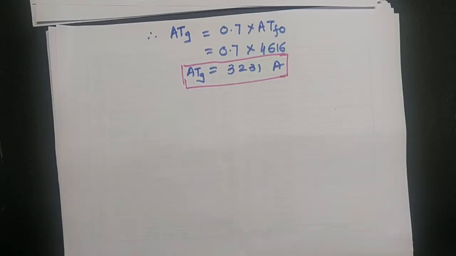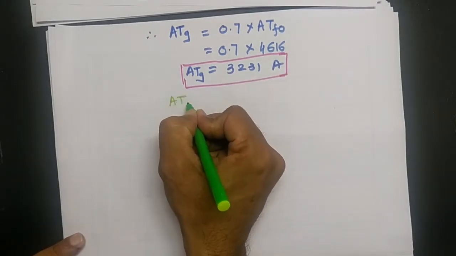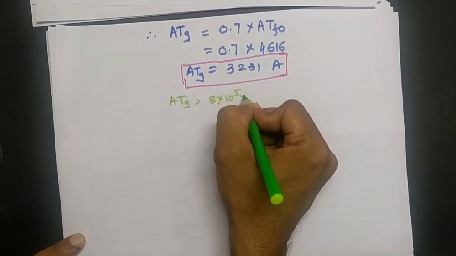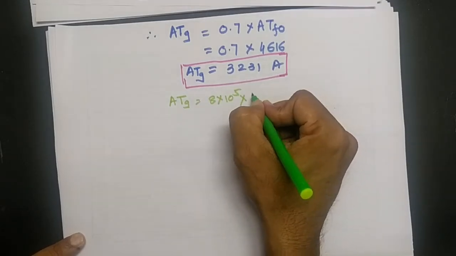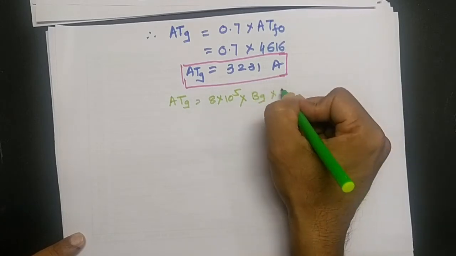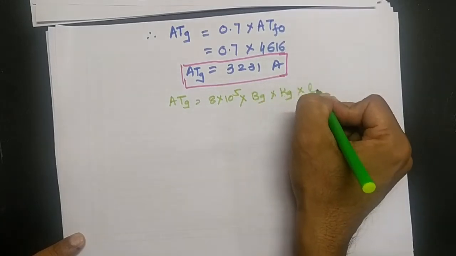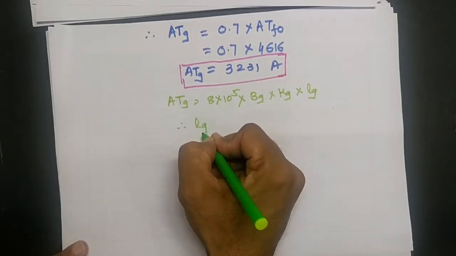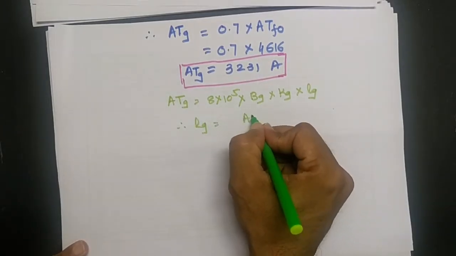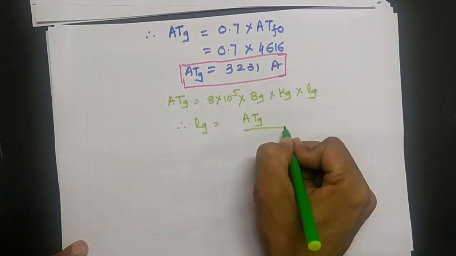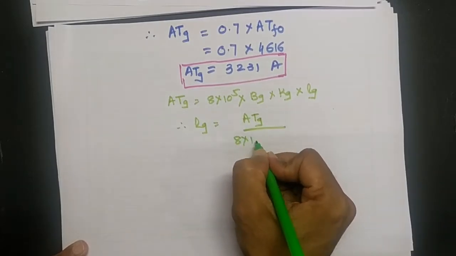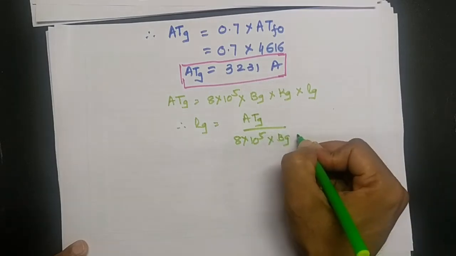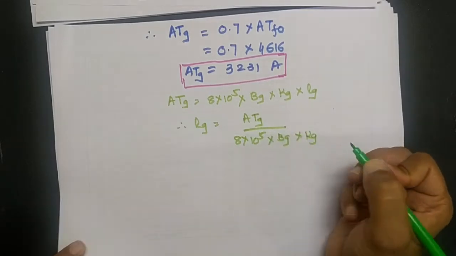The ampere turns for the gap is 8 multiplied by 10 raised to 5 multiplied by dg multiplied by kg and multiplied by lg. Therefore the air gap length lg is the ampere turns for the gap divided by 8 multiplied by 10 raised to 5 multiplied by dg and multiplied by kg.